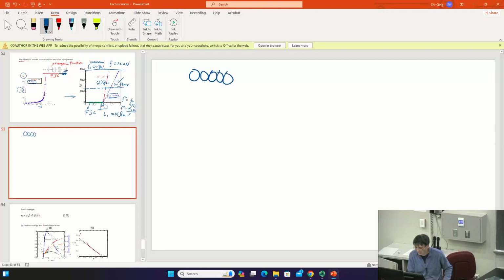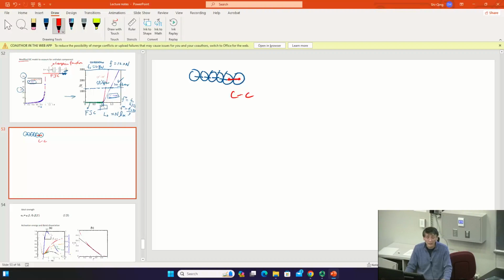This is your carbon-carbon bond, your backbones. So you can think about any bond between your two monomeric units connected by a carbon-carbon bond.